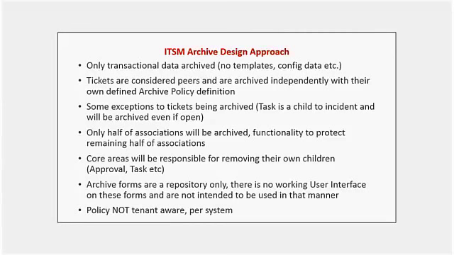What that does, and the benefit of that, is that it allows the change user to at least see and view that relationship that it was tied to that incident. However, the incident's no longer available because it's been archived. But it lets you see the history and the life cycle of that ticket until, of course, the change itself gets archived. Okay, core areas within the apps are responsible for removing their own children.